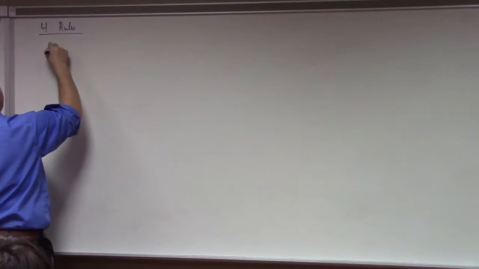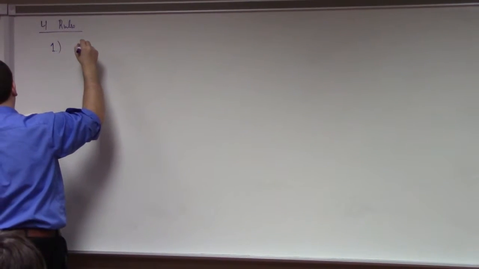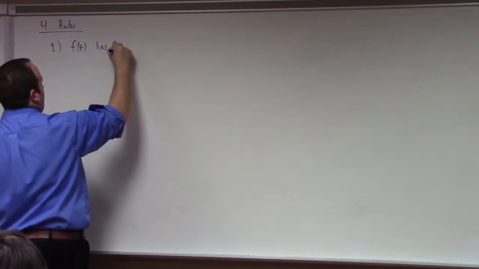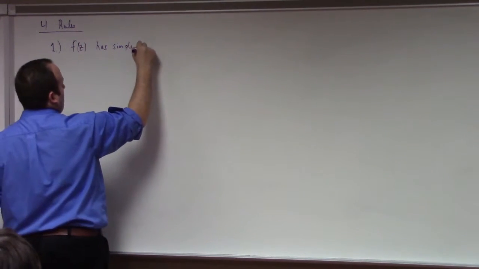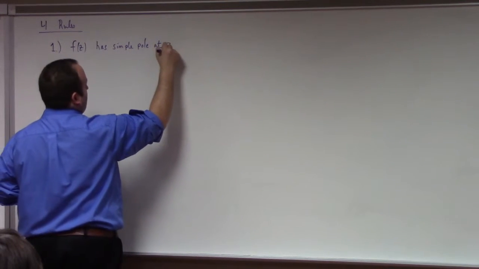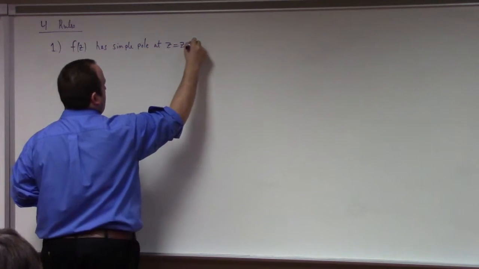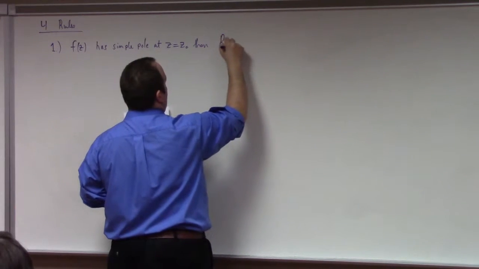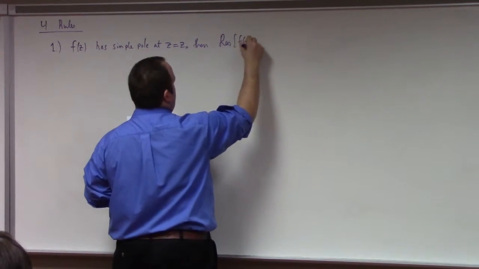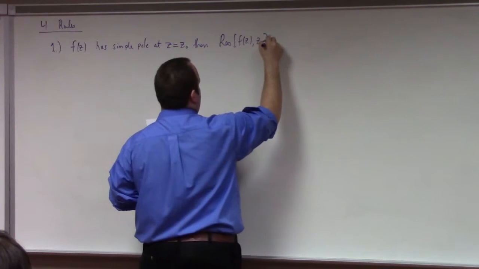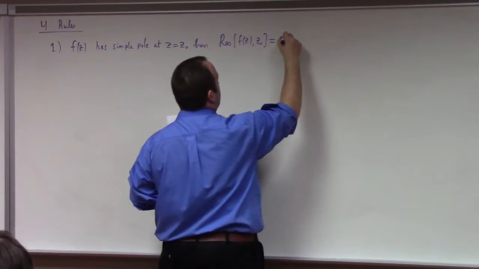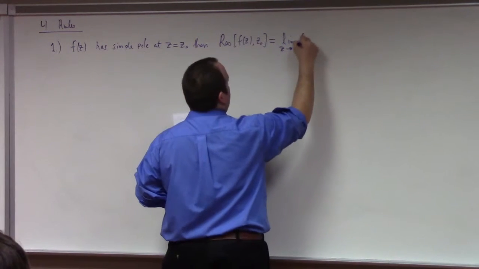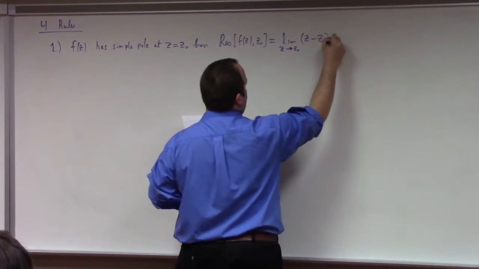So rule number 1 states the following: if f of z has a simple pole at z equals z naught, then the residue of f of z at z naught is simply equal to the limit as z goes to z naught of z minus z naught times f of z.